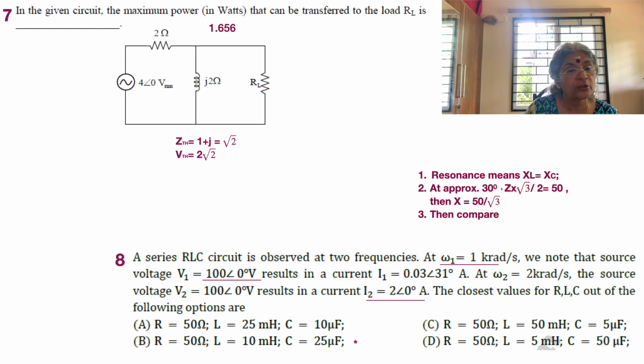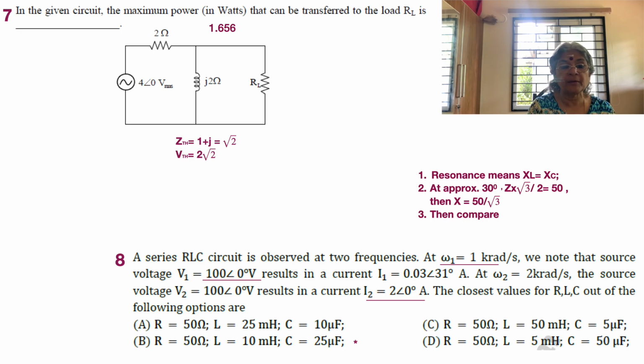Okay, now we move on to the third aspect. We look at the first statement wherein it is said that at omega 1 equal to 1000 radians per second, V1 and I1 are connected via an angle of lead almost equal to 30 degrees.